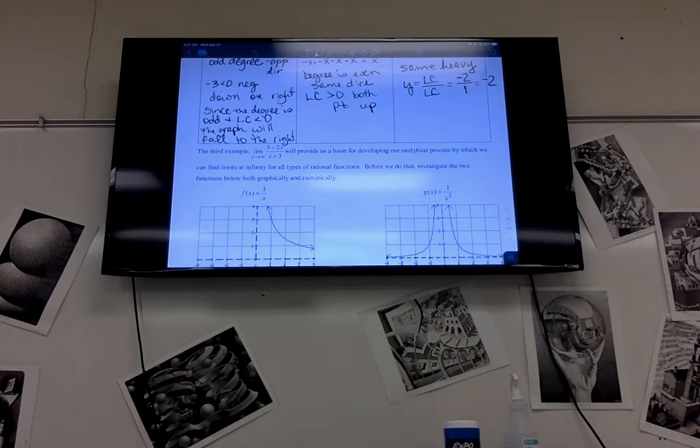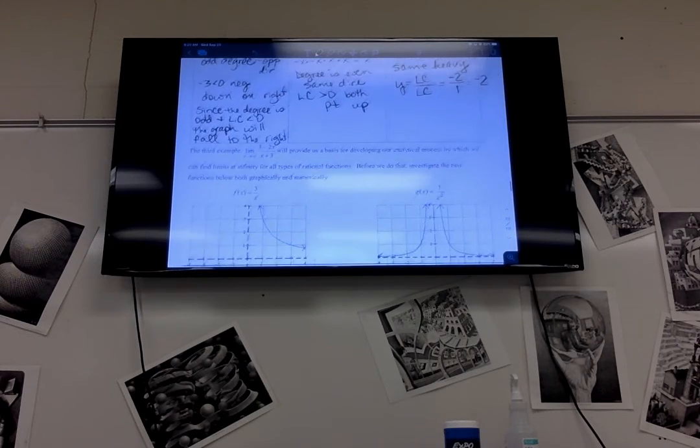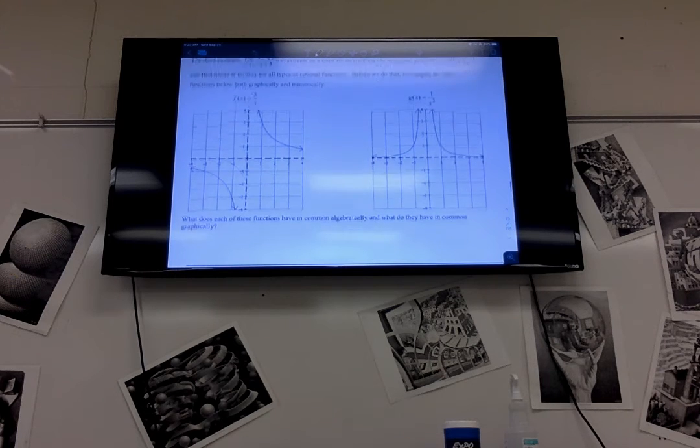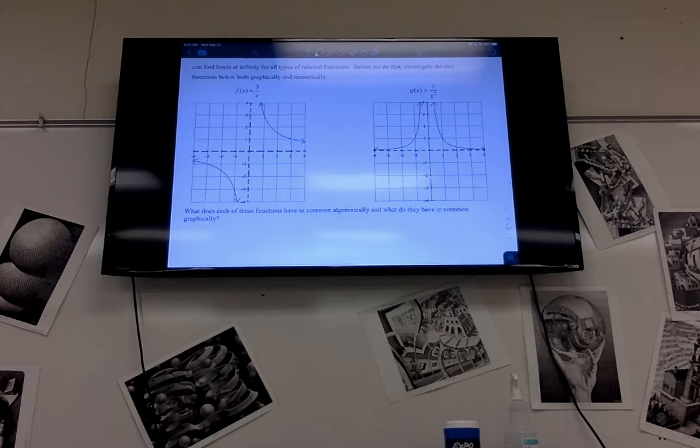Okay, so that third example, that last one we did, helps us figure out what we're going to do when we have rational functions. On this one for f of x, what kind of heavy is it?